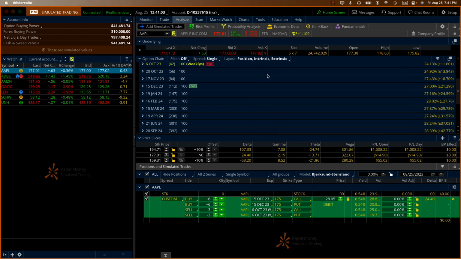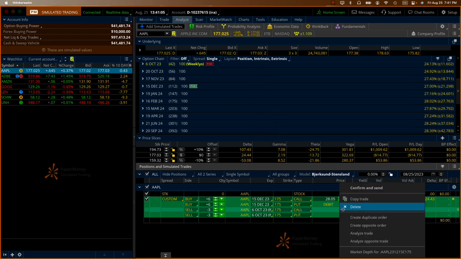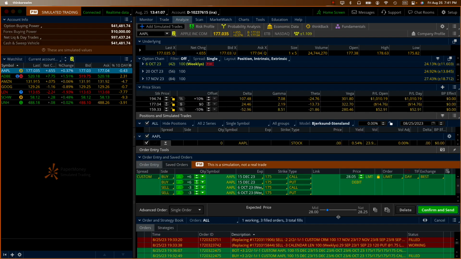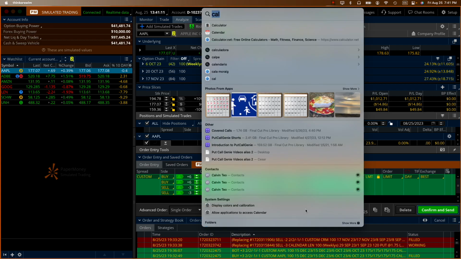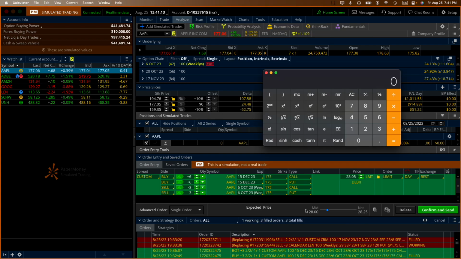So that's acceptable. Then we say create the trade, create duplicate order, and then you have mid versus natural. And you can see, well, again, calculator, 28.25. That's the natural price for this particular trade, minus 28.05, that's the mid.